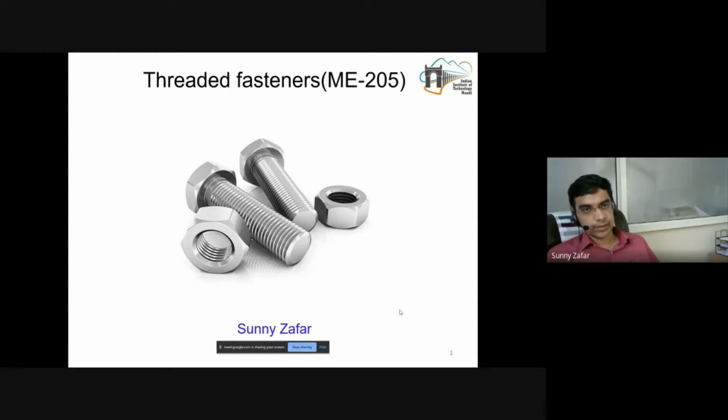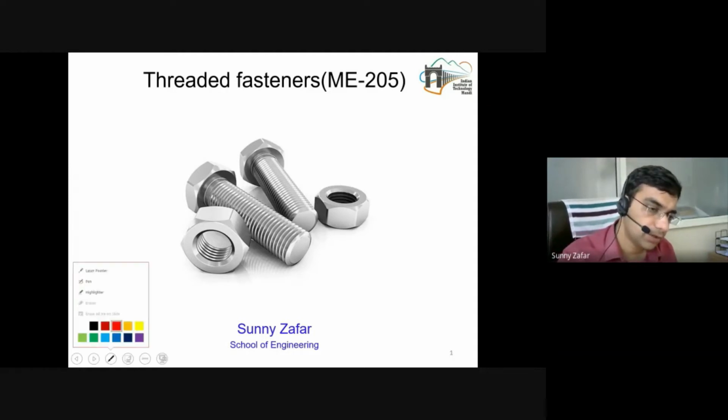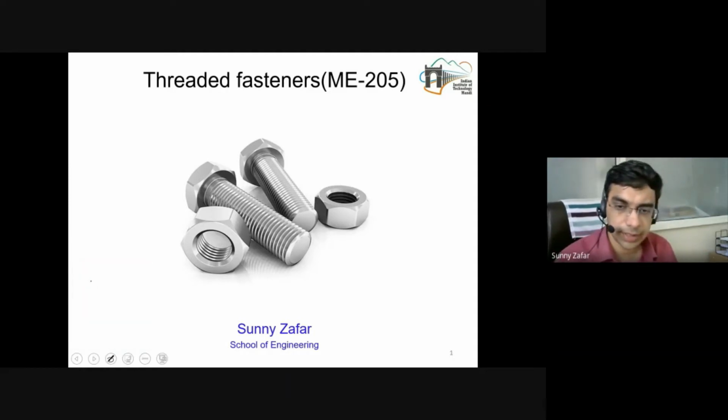What are threads? Threads are, if you see on a cylindrical surface, a continuous helical groove which is formed or cut on the surface of a cylinder. So one method, if we can correctly recall, is the lathe or the machining method, which is used to make the threads.